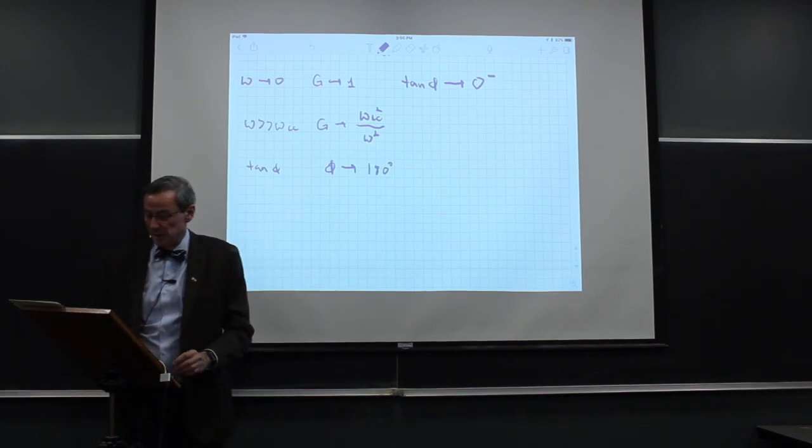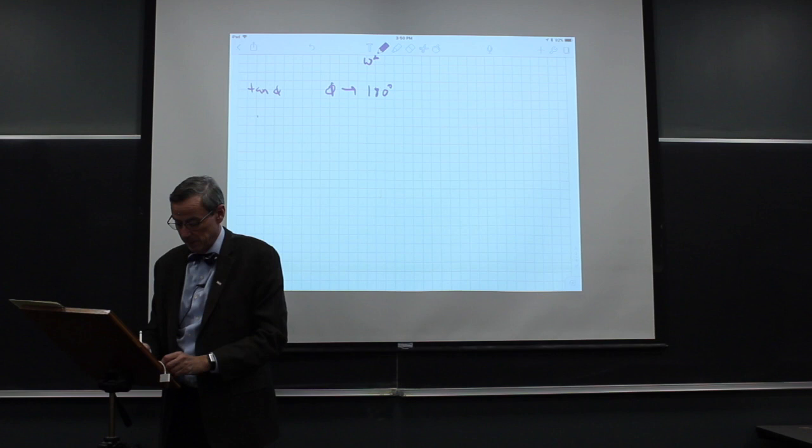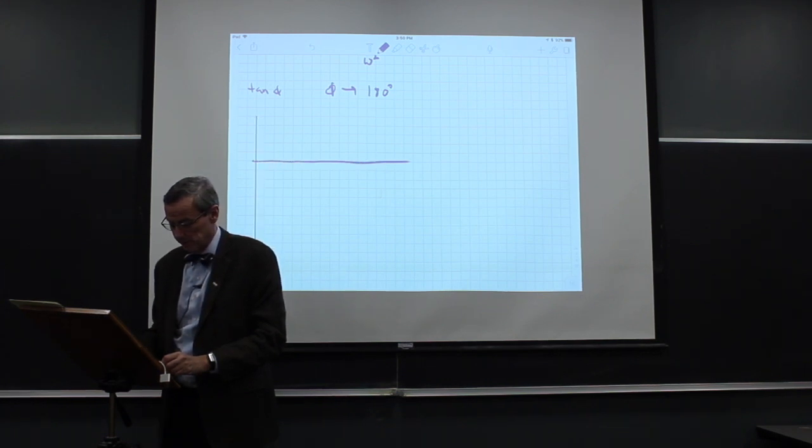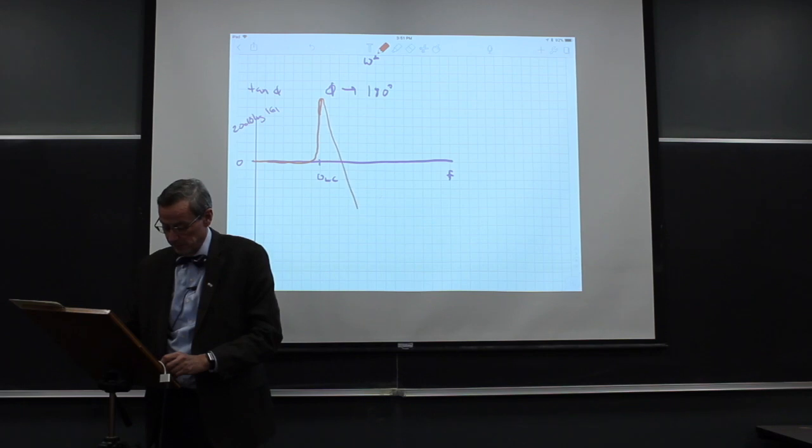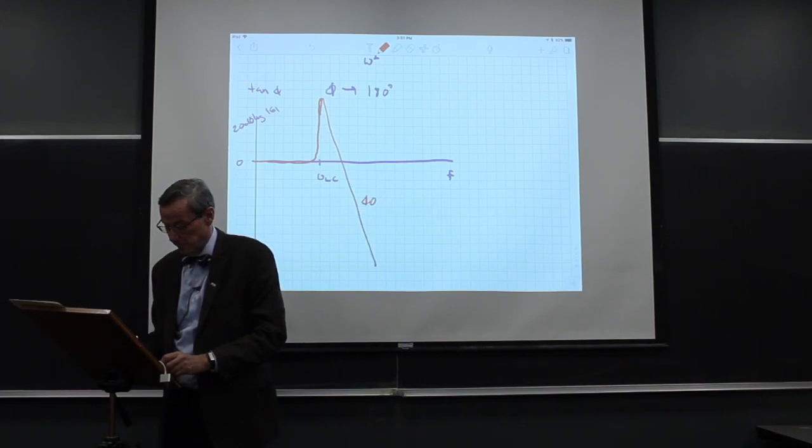If we look at this on a Bode plot, we'll have frequency, 20 dB log of gain, and omega LC. It starts out at a gain of 1, so we're at 0. We go up to something here, but now it's finite. And then it's going to fall off with 40 dB per decade.